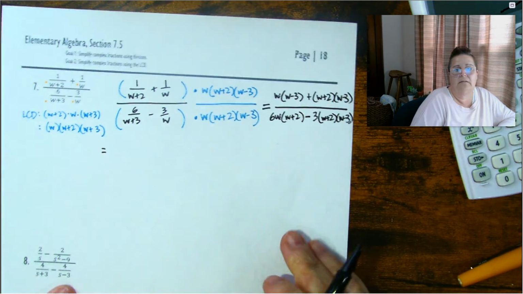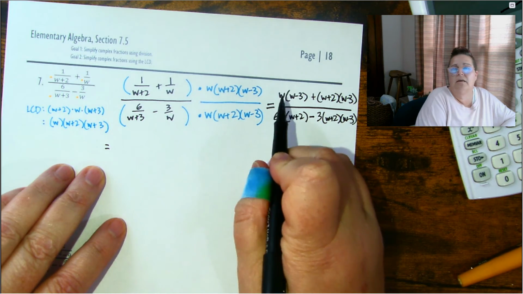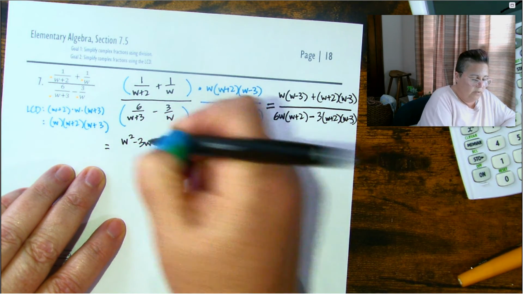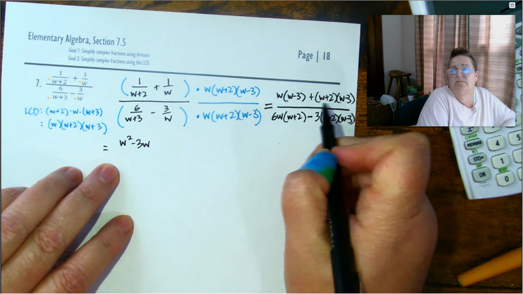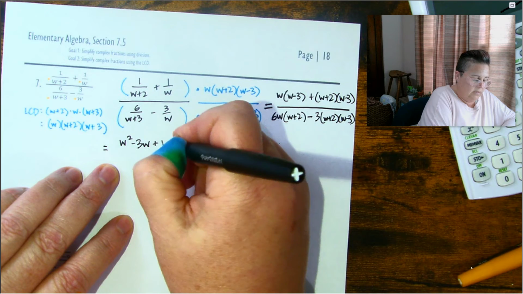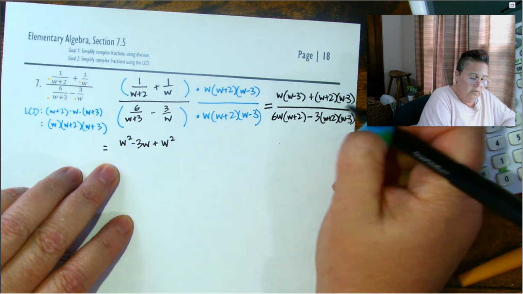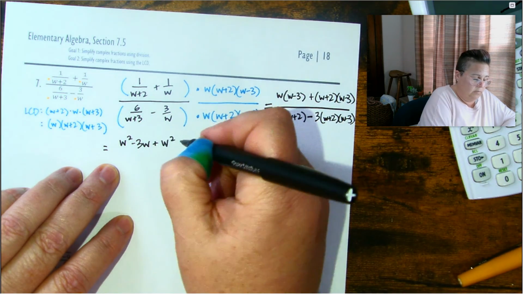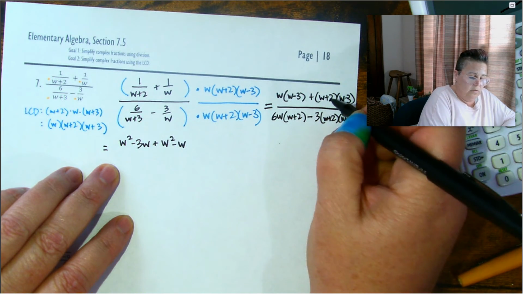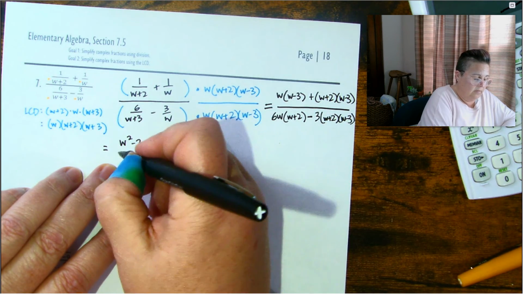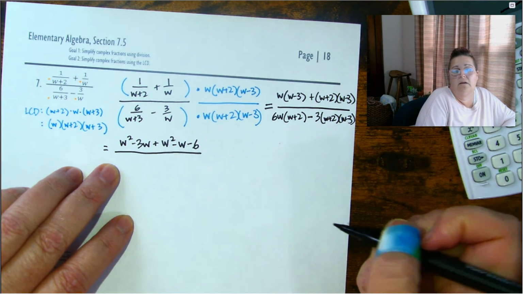All righty, let's do some simplifying. W times w minus 3 is w squared minus 3w. Now I've got a w plus 2, w minus 3. That's going to be w squared minus 3w plus 2w minus 6, so minus w, minus 6. That's going to be my numerator.